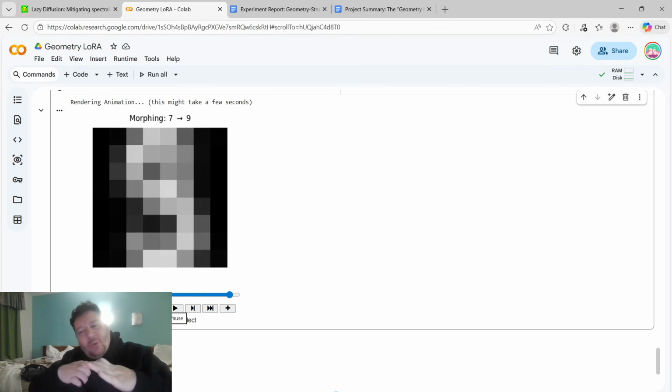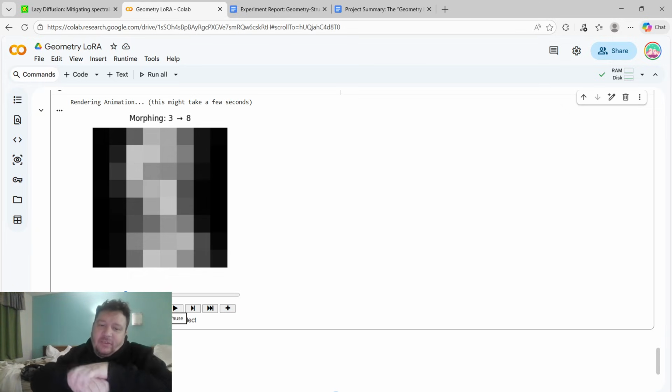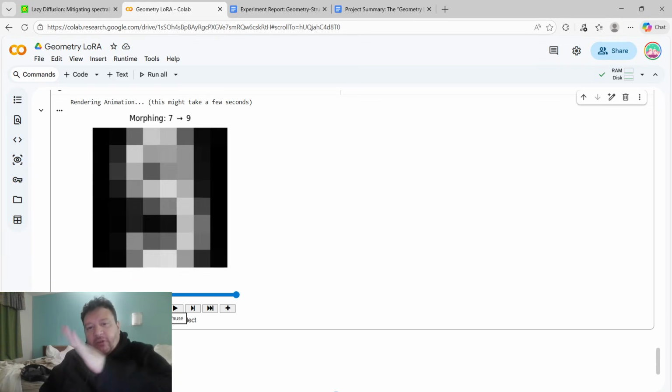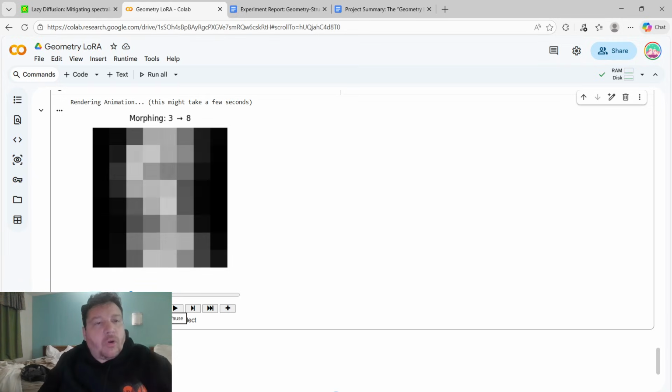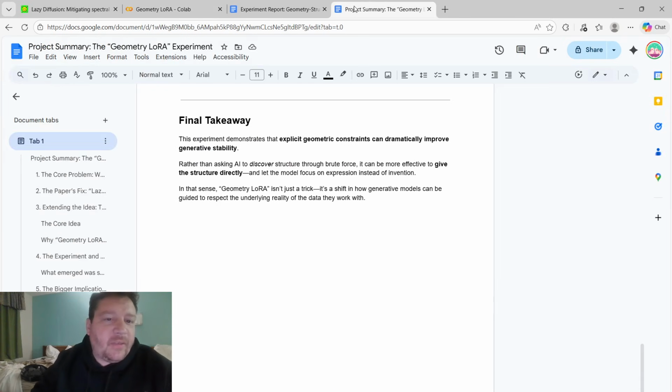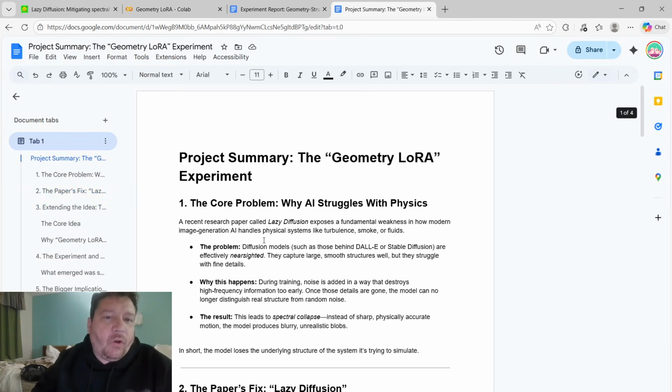Make sure that there are no dents anywhere where you don't want there to be dents, and just puff those out. Or maybe make sure that some divots are more carved out than they were before, etc. And that's the overall gist and takeaway from this.